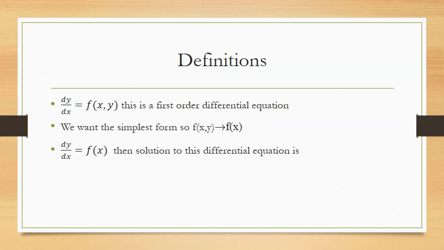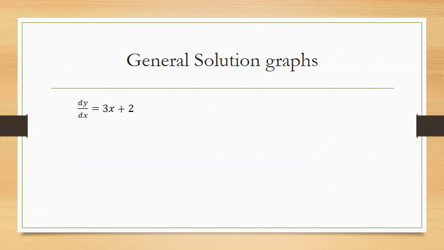If we do that, we can find a solution for a differential equation which ends up being an integral of f of x dx. So let's practice this. This solution is called a general solution. This is finding a general solution.